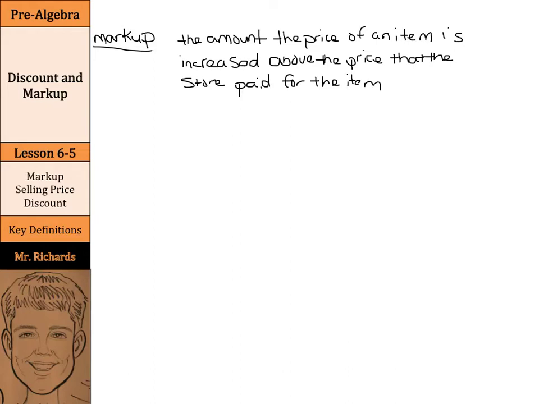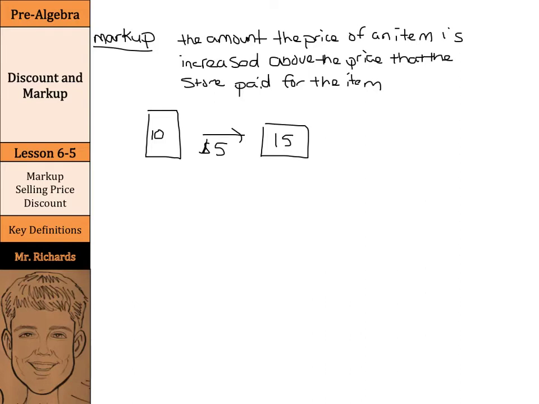Imagine that you have a new Blu-ray disc, and it costs $10 for the store to purchase that. Well, then they're going to turn around and sell it to you for $15. Well, the amount of markup there would be $5. It's the amount the price of an item is increased above the price that the store paid for the item.